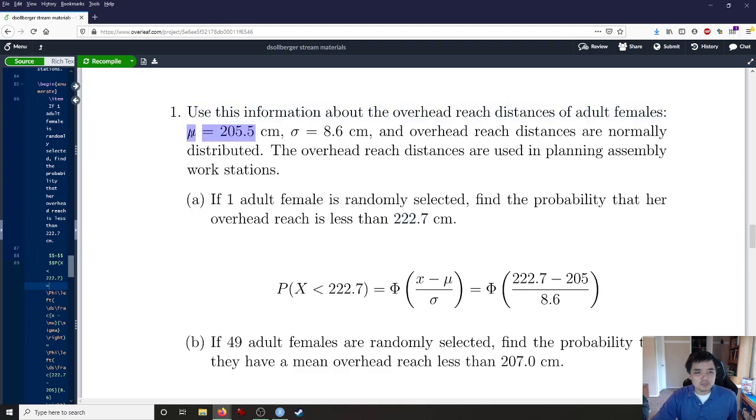We were given a mean of mu equals 205.5 and a sigma, a standard deviation, of 8.6. So the 205.5 goes here in the top right corner. The 8.6 goes here in the denominator. And if nothing else, by process of elimination, the 222.7 is here in the top left of this fraction. That's our data value for x.